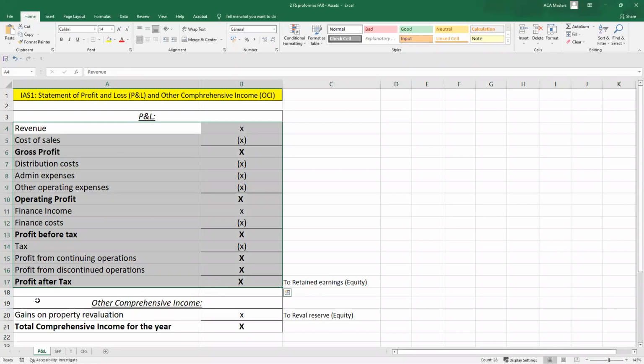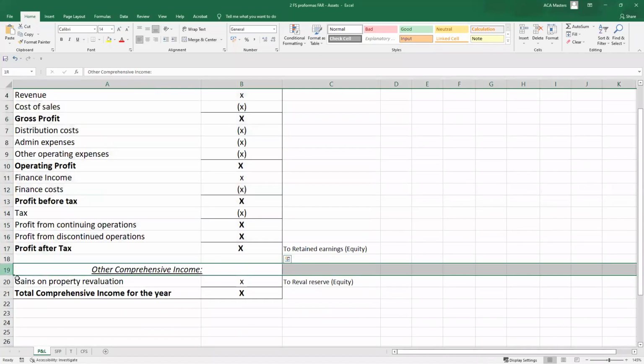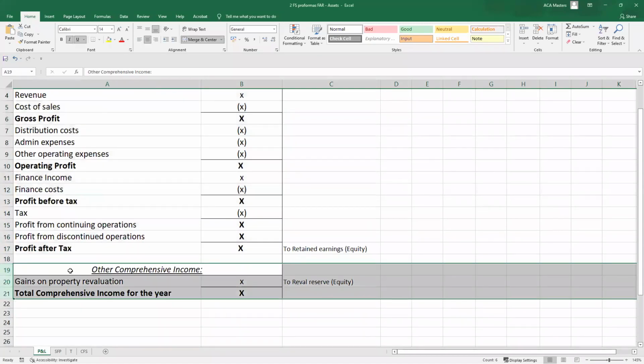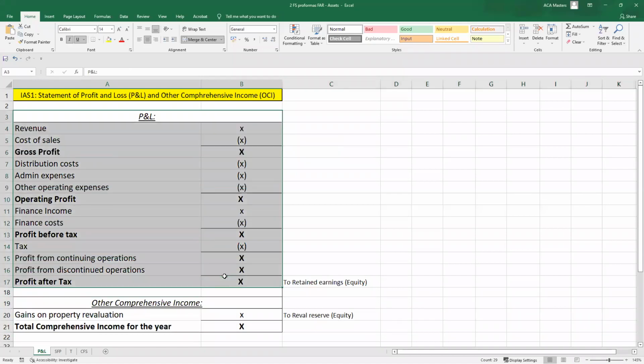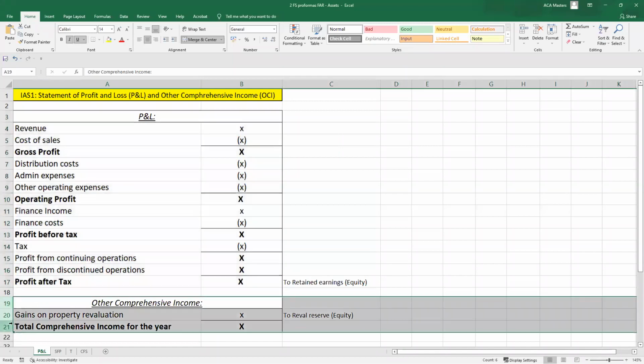So therefore, we record income and gains which are perhaps abnormal, unusual, and don't relate to normal trading activities, so the buying and selling of goods and services in the normal course of business. We record those items through other comprehensive income, really so as to not distort the P&L. But we'll see a few more examples of items which go through other comprehensive income at corporate reporting.